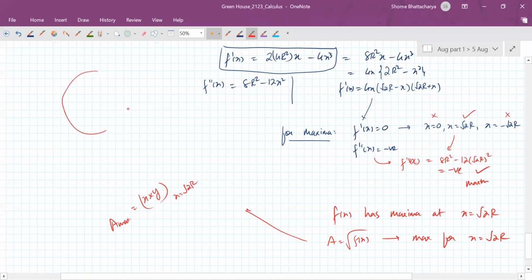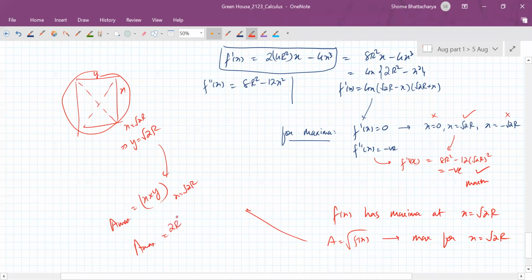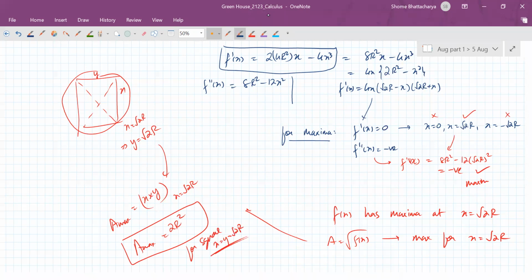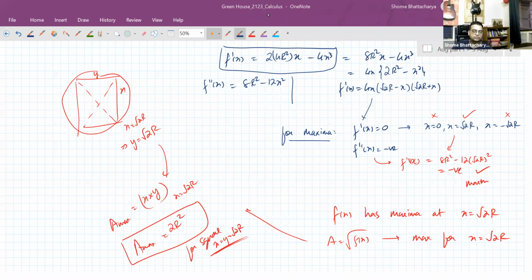When x is equal to root 2r, it's very easy to understand that it's a square. So the maximum area will become 2r square, for a square with x equal to y. So this is the proper calculus way of solving the question.